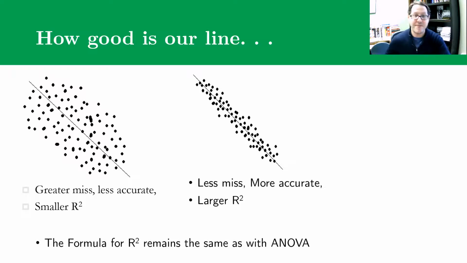Whereas the graph on the right-hand side has basically the same line of best fit cutting through the points, but those points are packed in really close around the line. And so those points would have a larger R-square. That might be a 0.8, an 80% of variation explained, whereas the other graph would have a lower R-square. Maybe they're only explaining 20 or 30% of the variation in those points using that line.